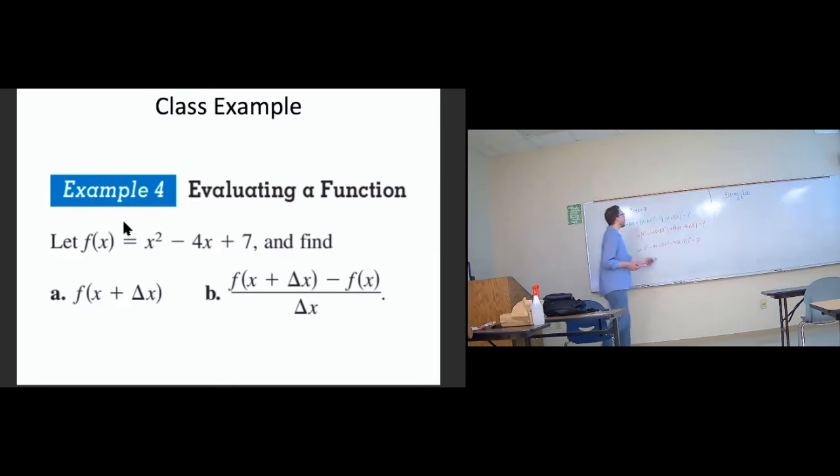But we already know what this f of x plus delta x is because I just evaluated it up here for us, right? So let's write that up. It is equal to the quantity x squared minus 4x plus 2x delta x minus 4 delta x plus delta x, that quantity squared, plus 7.